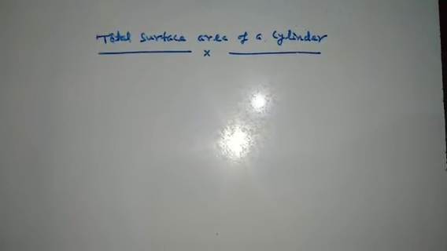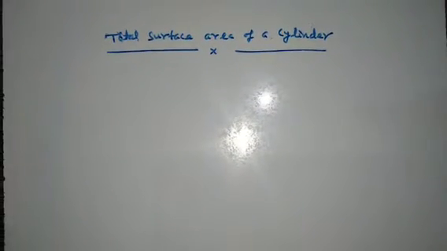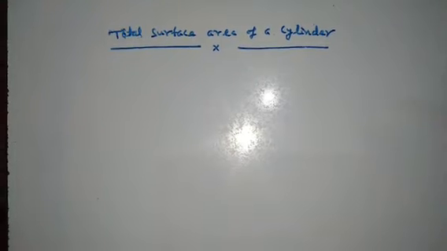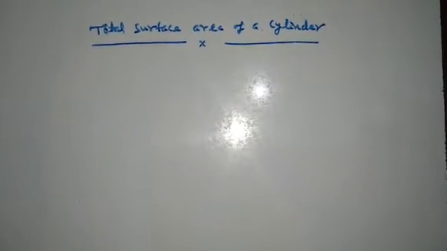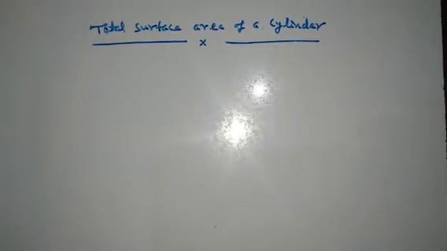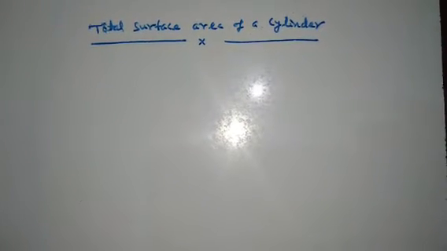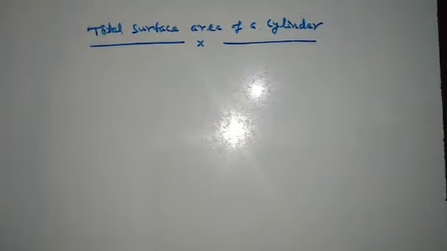Now I am going to discuss the total surface area of a cylinder. Children, when the top and bottom faces of the cylinder are present, then we find the total surface area of the cylinder.